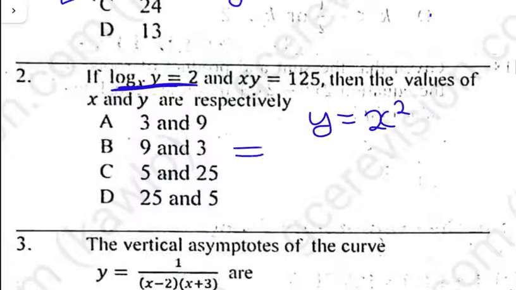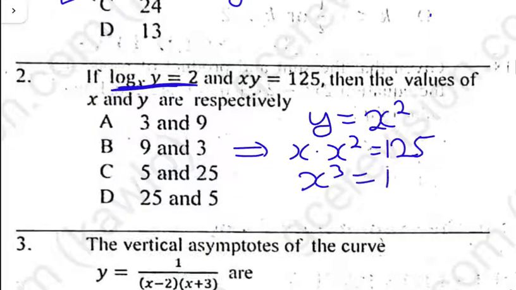Substituting into xy equals 125 will give us x times x squared equals 125. So x cubed equals 125, and this implies that x is equal to 5.